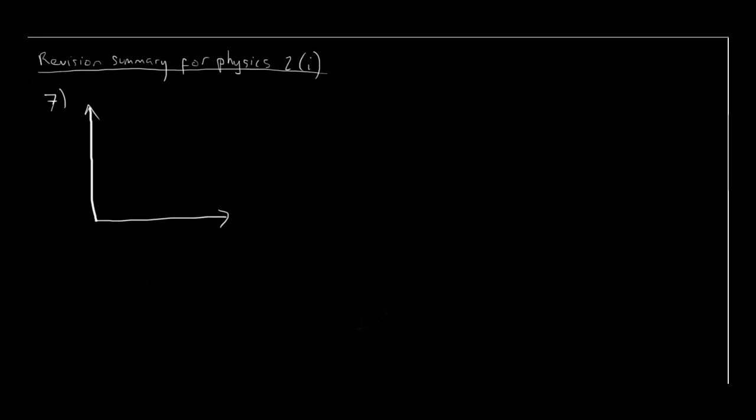This is going to be our distance and this is time, and we have something like that, and then maybe here it goes flat, and then maybe here it goes up really steep, and then here and then down like that.